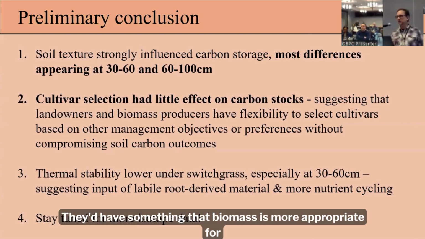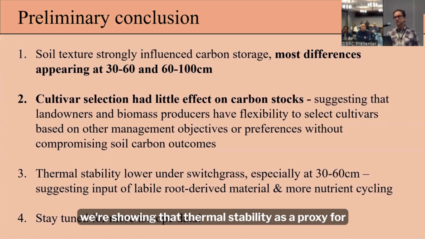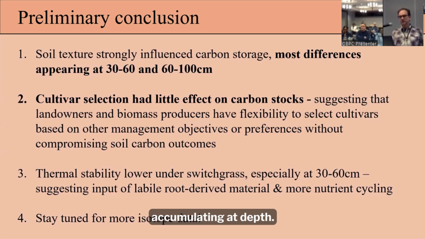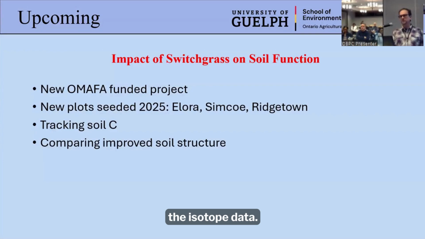You have something that the biomass is more appropriate for whatever operation you're running. We're showing that the thermal stability as a proxy for biological stability is a bit lower at depth, meaning that we're starting to see that root-derived carbon accumulating at depth, and then we're learning more and more about the isotope data.